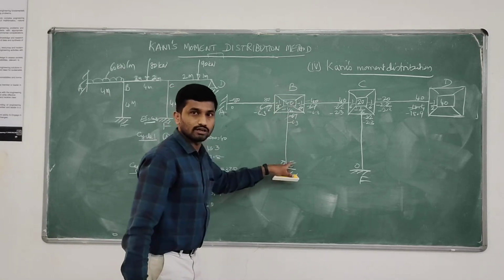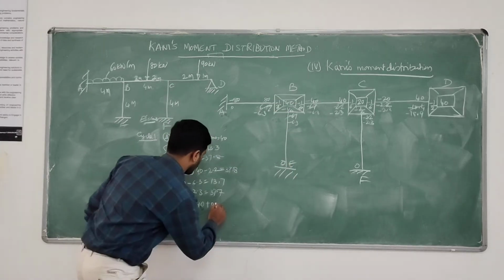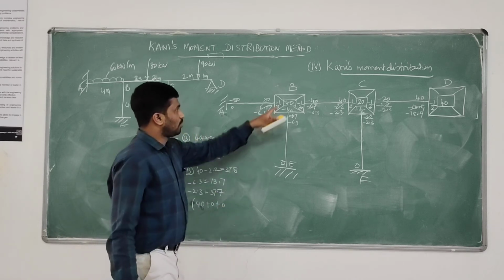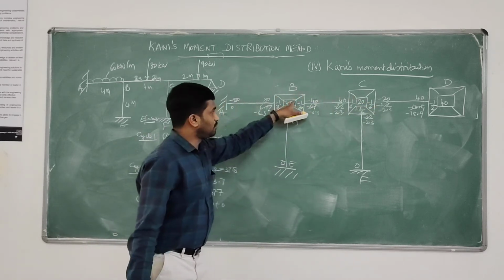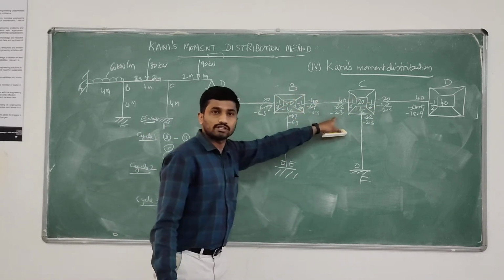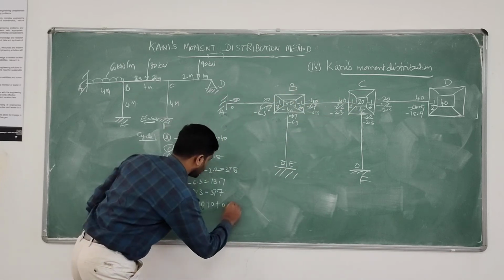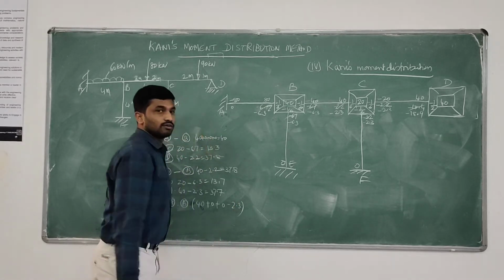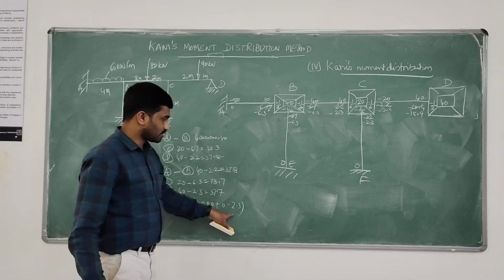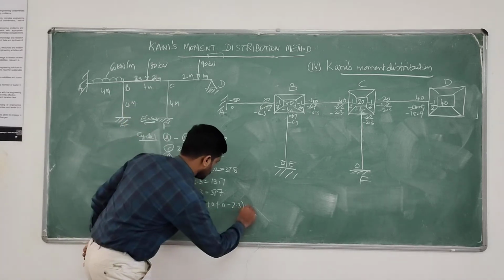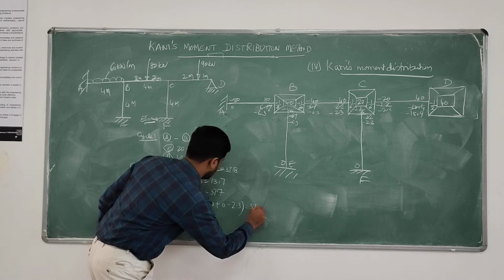From EB, here also because of fixity, 0 contribution, plus 0. But from CB we are having minus 2.3. So 40 minus 2.3 is 37.7.